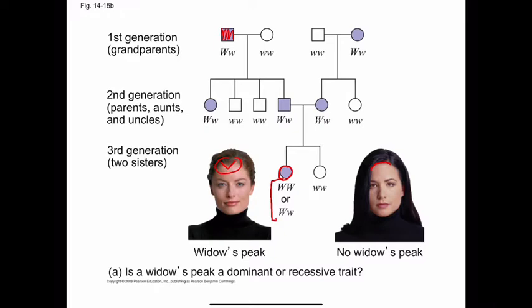And this is kind of fun, I guess, to be able to track a widow's peak. But that's really not what pedigrees are used for either. Pedigrees are more often used to track serious genetic diseases. So if you know that your family line has a history of cystic fibrosis or hemophilia or whatever, you can look and say, okay, I know these people do.